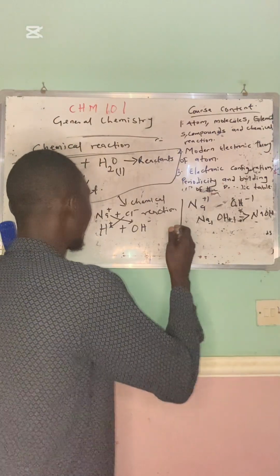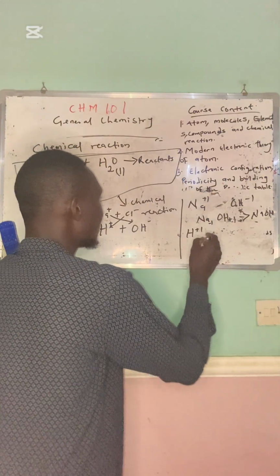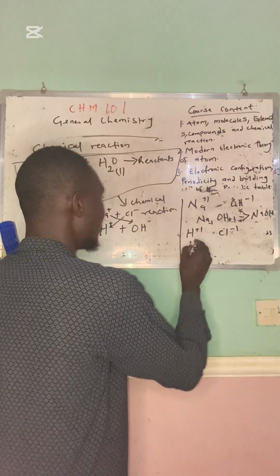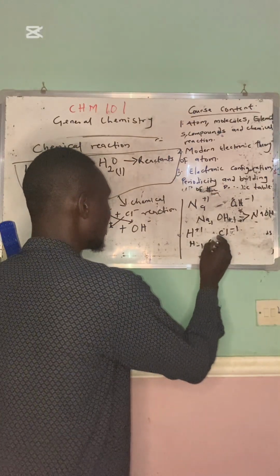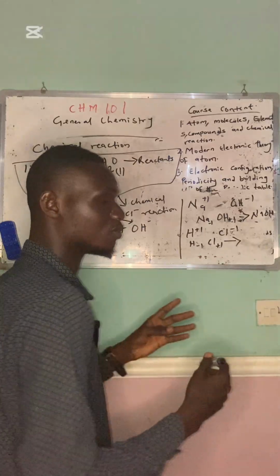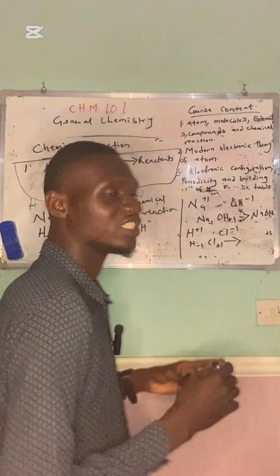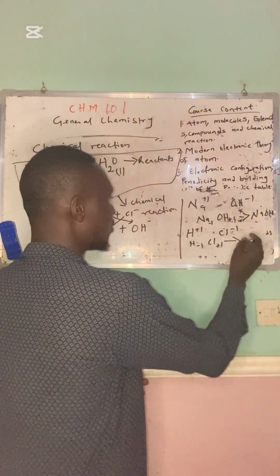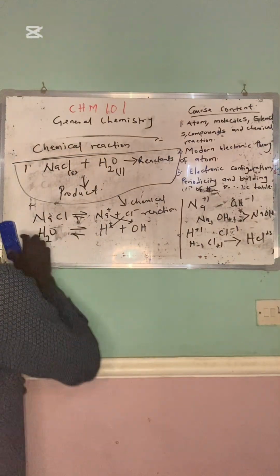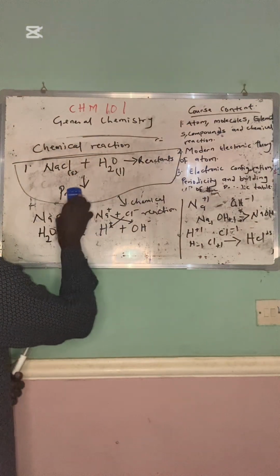So you have hydrogen plus 1, you have chlorine minus 1. So you have H plus 1, Cl minus 1. So you omit the sign. These are some of the rules we use in writing chemical formula. So you omit the sign, you end up having HCl. So what we're saying is that the product here becomes what?